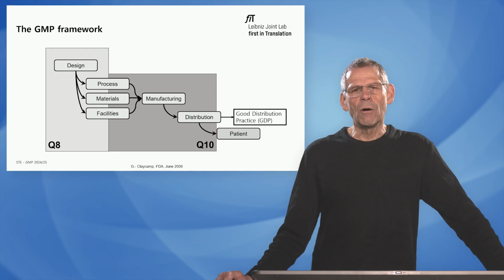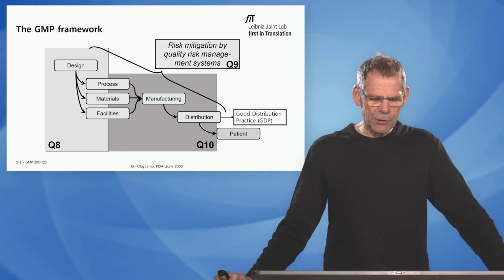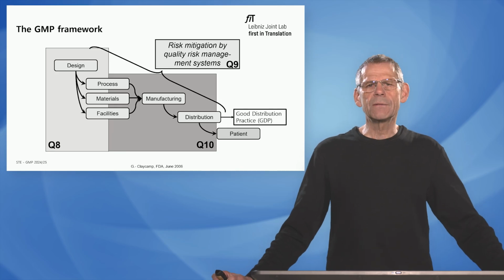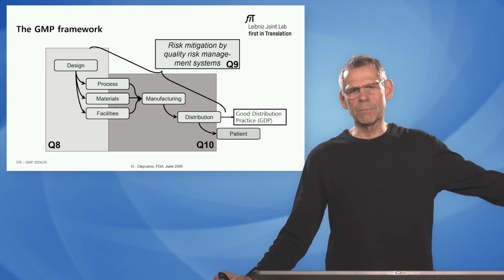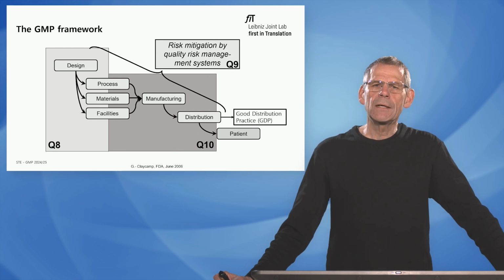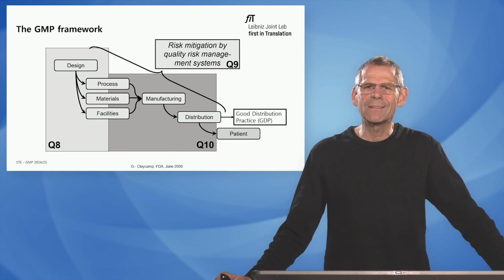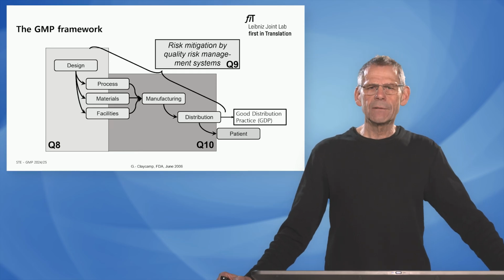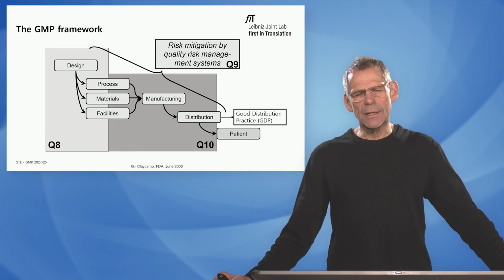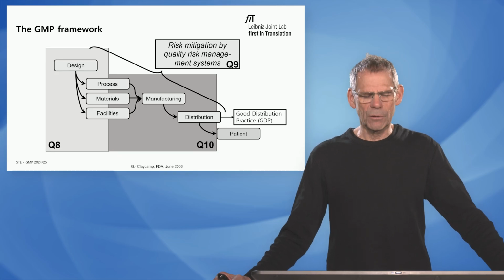And overall, we have this quality management or risk management systems that assures that from the beginning to the end of the product, we have a GMP compliant manufacturing, and we control it to the extent that it is necessary to guarantee the safety of the patient as well as the quality of the product for its intended use.